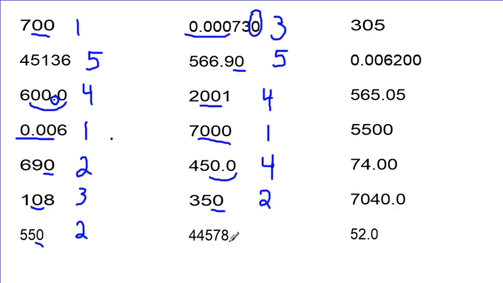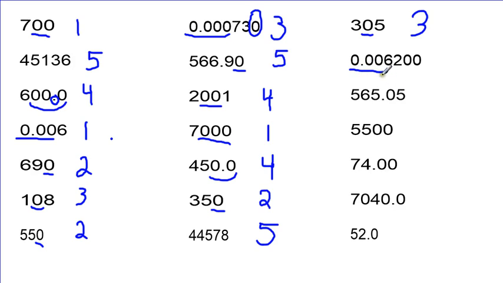This number has no zeros in it, so we know everything is significant. This 0 is in the middle. Middle zeros are significant. So this one has 3. The next number has zeros in 2 different places.